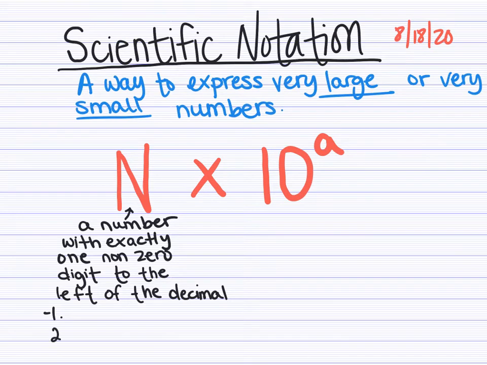You can have 2 or negative 2, 3 or negative 3, and you can have other numbers after the decimal point. The important part is what's in front of the decimal. It can be 1 or negative 1, 2 or negative 2, 3 or negative 3, 4 or negative 4, 5 or negative 5, 6 or negative 6.